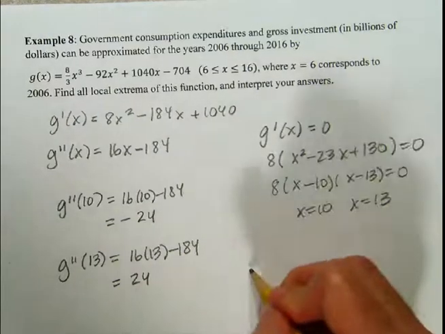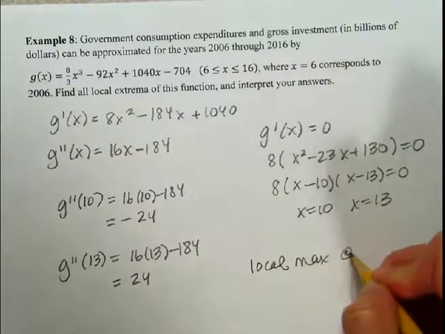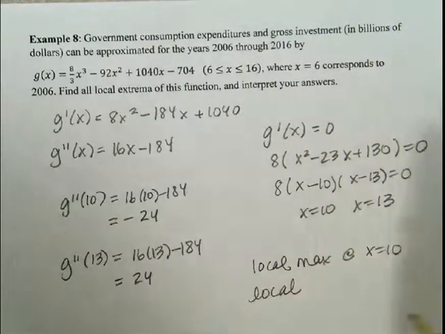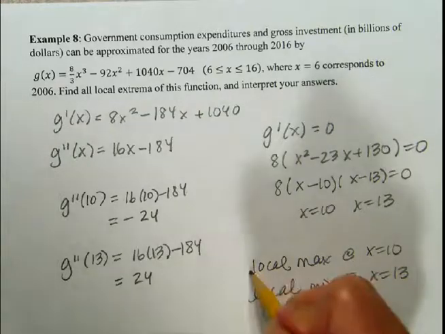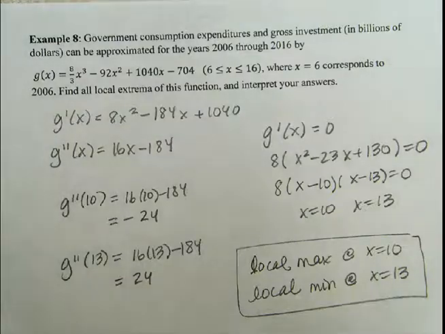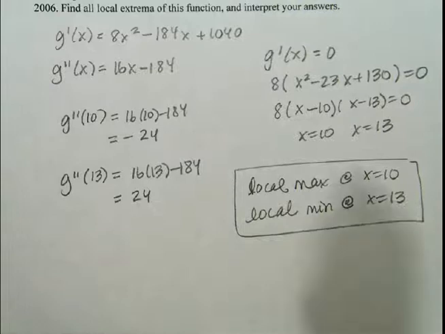So this tells me that there's a local max at x equals 10 and a local min at x equals 13. So it's just another way of looking at that. Okay, so interpreting our answers, this means that government consumption and investment were at a local maximum in the year 2010 and a local minimum in 2013.